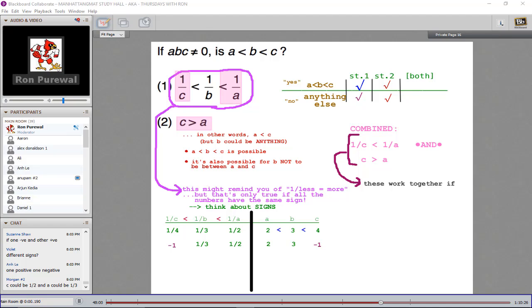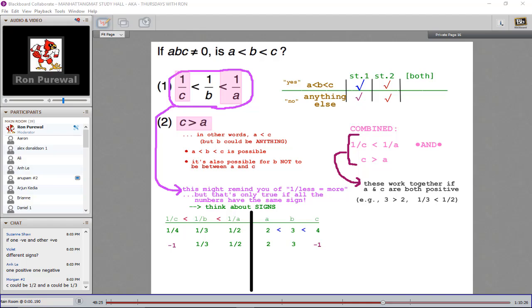But these work together if they're positive. Sure. For example, 3 is greater than 2, and 1/3 is less than 1/2. That's probably the normal intuition that you have about 1/anything. That's probably just the first thing you think of. These also work together if you have 2 negatives.